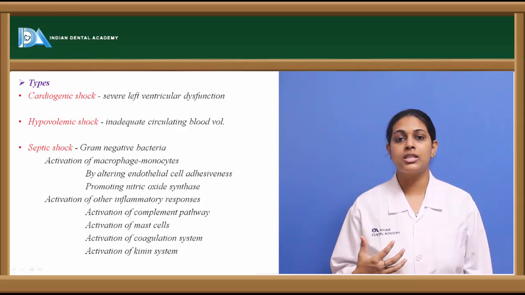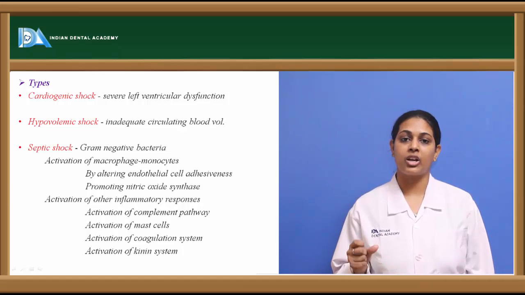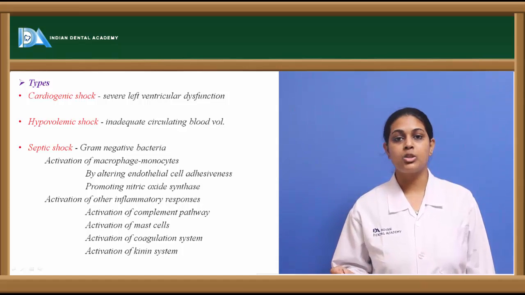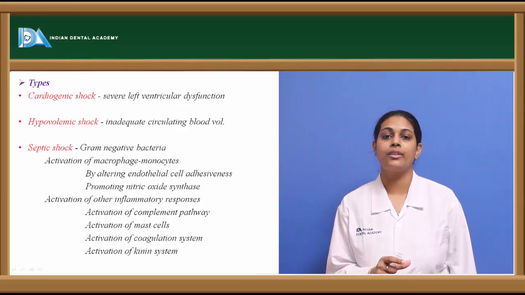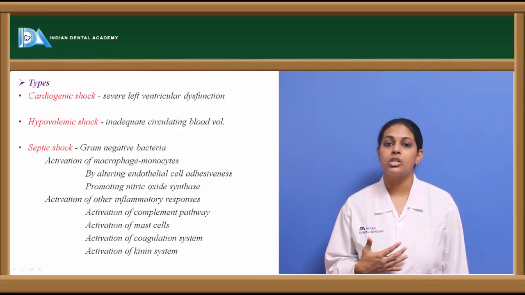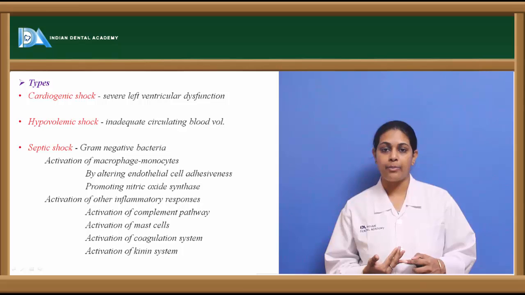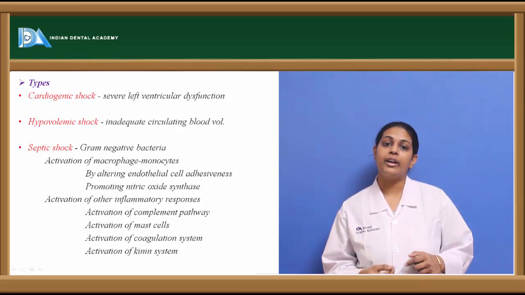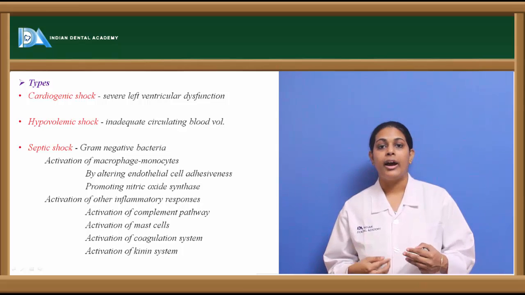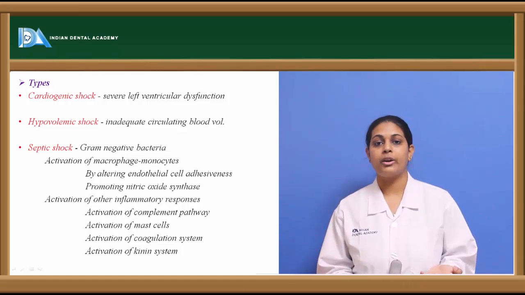We also see activation of the mast cells. Mast cells are mononuclear cells which contain granules, and these granules contain histamine. This histamine is also a vasodilator and alters the capillary permeability, which might in turn damage the endothelial membrane and cause accumulation of the bacteria, which might result in septic shock.